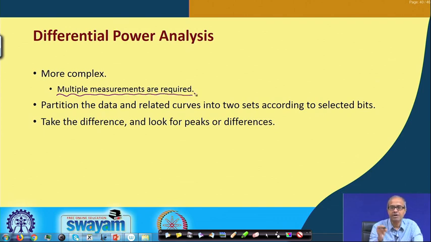In simple power analysis we are making only one measurement, and by visually inspecting we are directly able to say the key, let us say for the example like modular exponentiation for RSA. Here we make multiple measurements, we do some kind of a comparison of the different waveforms, we do subtraction, and we try to see after subtraction whether we get some peaks somewhere or not.